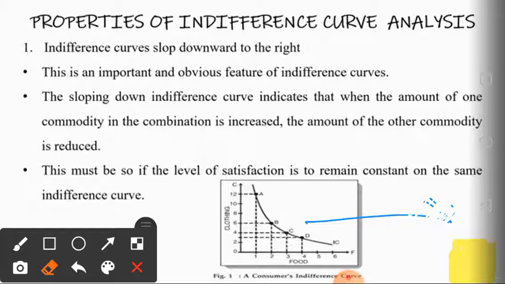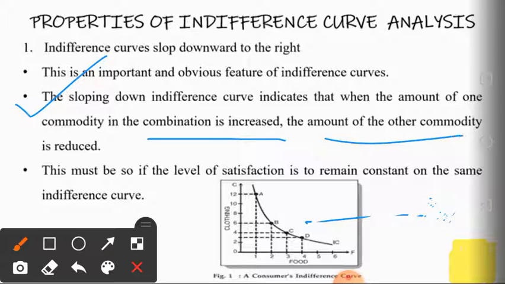We can say this is an important and obvious feature of the indifference curve. The downward slope indicates that when the amount of one commodity in the combination is increased, the amount of the other commodity is reduced. If we want more of one commodity, then we have to reduce the quantity of the second commodity.